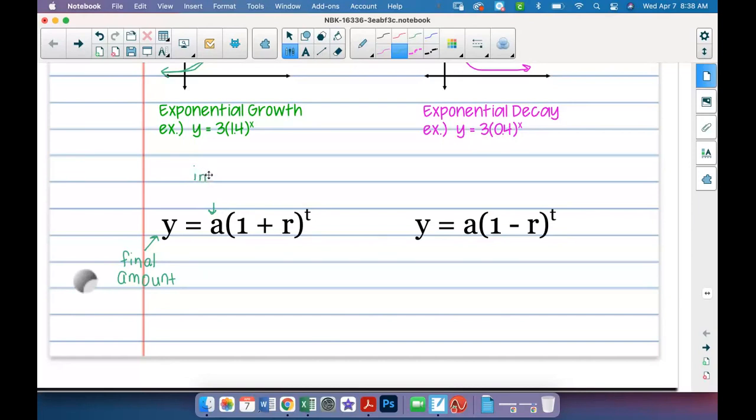Your starting amount, initial amount. Okay, everything inside the parentheses, this is your growth factor.